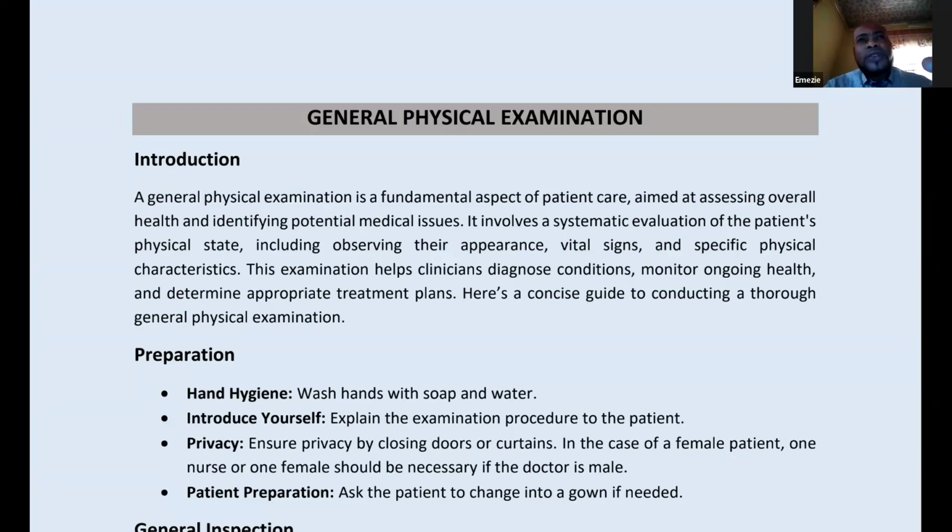The third one we are going to do is the lungs, which we call chest examination or pulmonary examination. Anyone can call it chest examination or pulmonary examination. The fourth one we do is abdominal examination, where we examine for pathologies of the liver and gastrointestinal system.